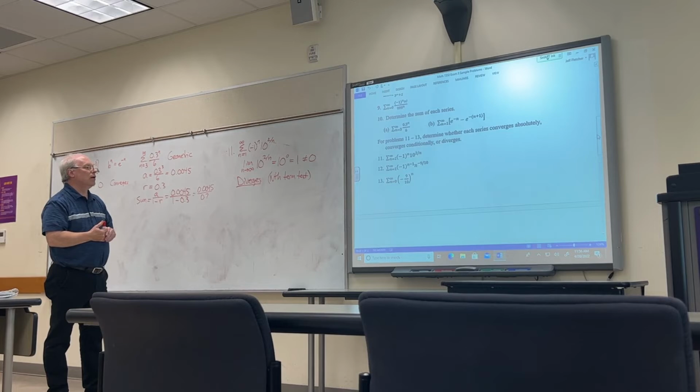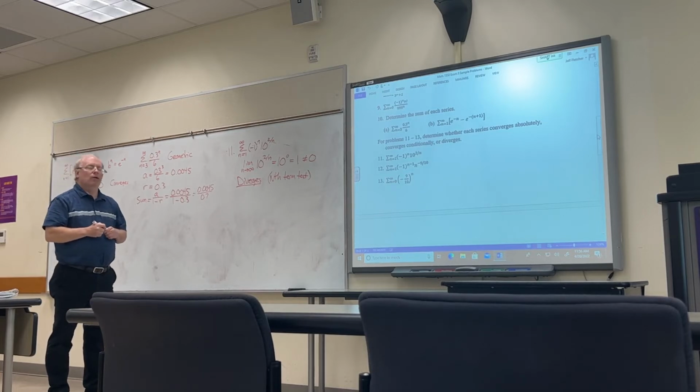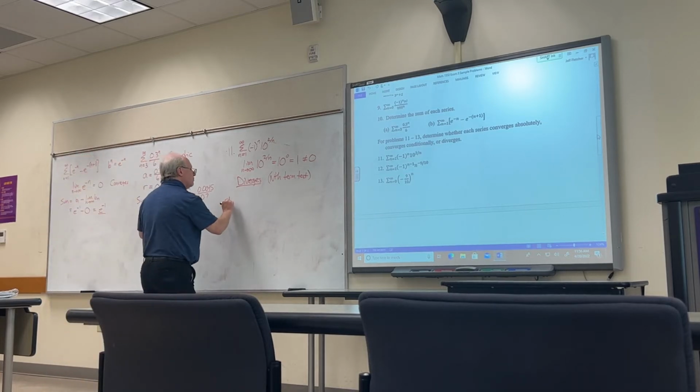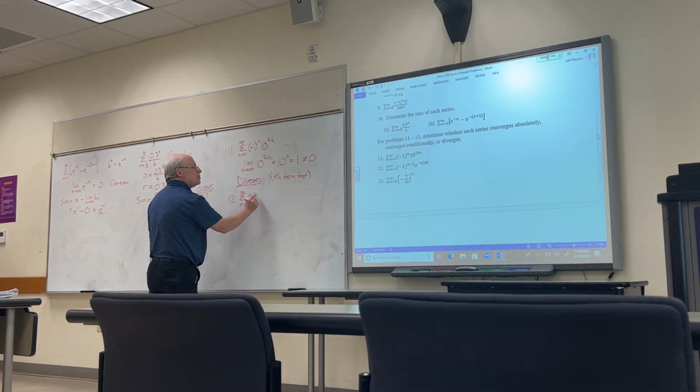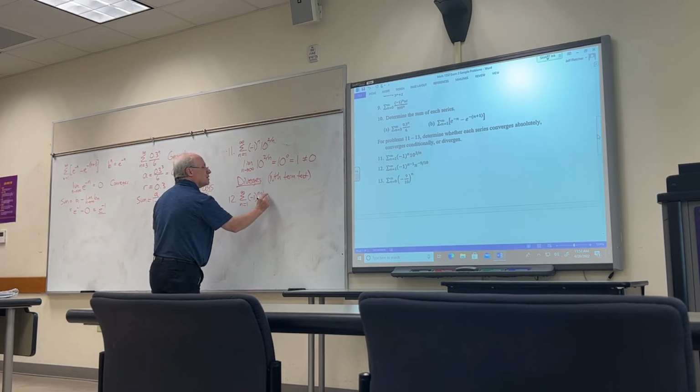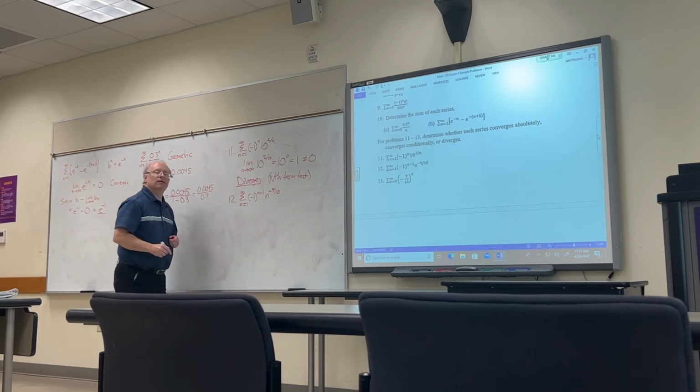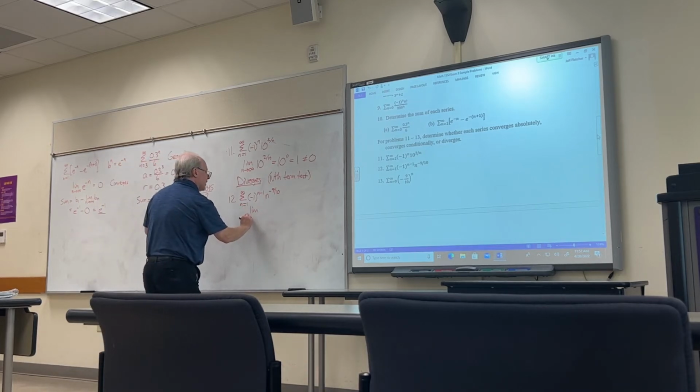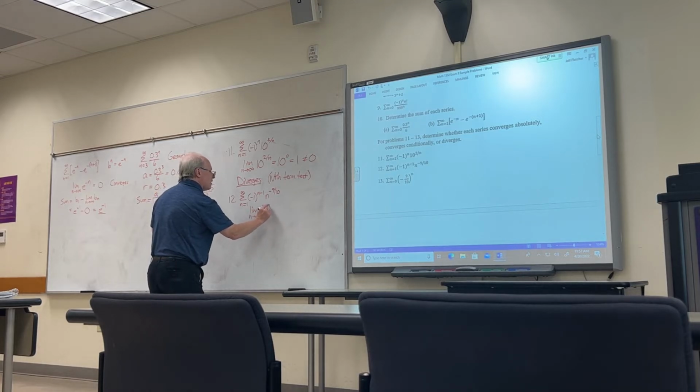Can we just do the other two? Well, let's do 12. With that one, the terms are negative 1 to the n minus 1 times n to the negative 9/10. All right, so again, we can start by taking the limit as n goes to infinity of n to the negative 9/10.